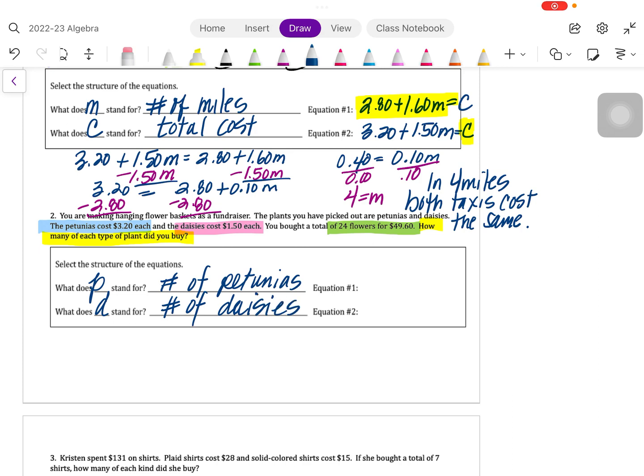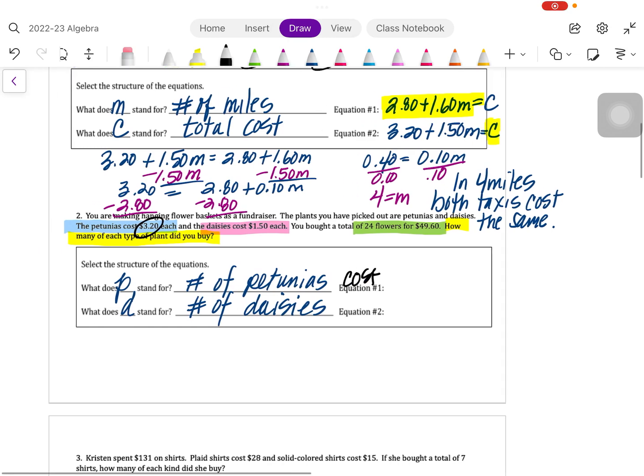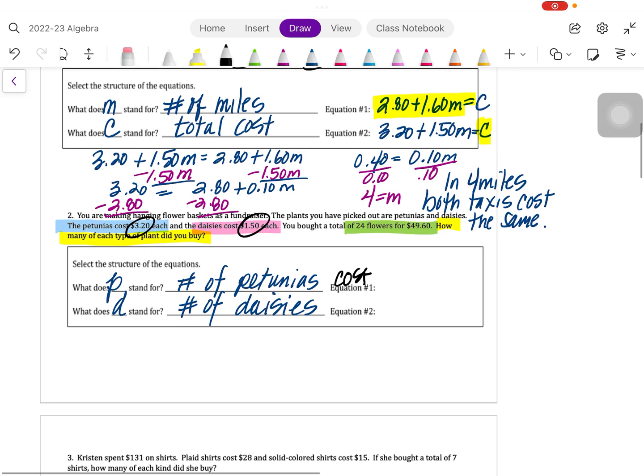Okay, so for my first equation, notice it says petunias cost $3.20 and daisies cost $1.50. I will tell you this, when we're writing an equation, a lot of times you'll have what we call a cost equation. Okay, so anytime you have money, money goes with money. So even though I kind of highlighted these 3 different ways, all the money goes together, okay?